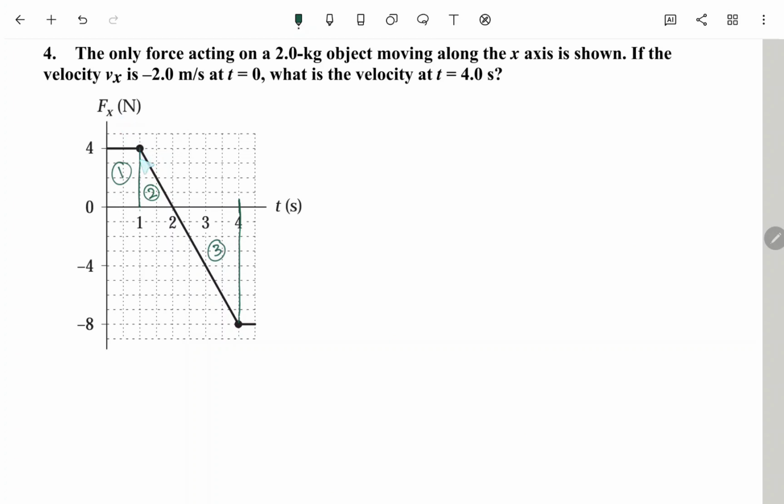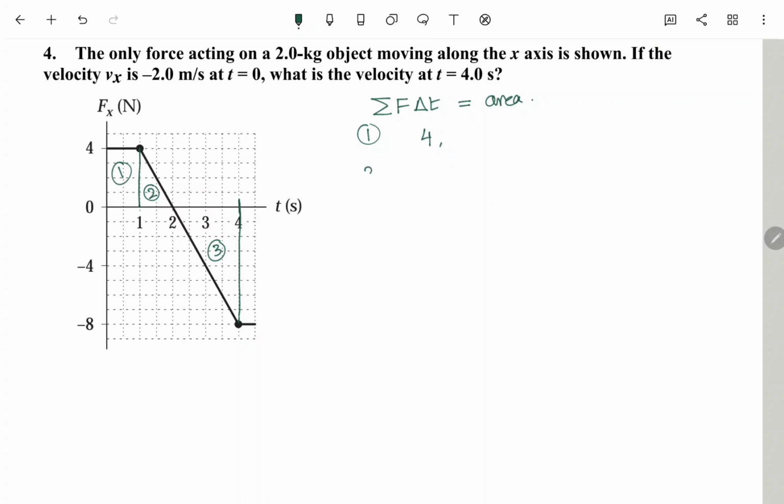Now the length is F, the net force, and the width is delta T. So F delta T is equal to the area beneath the curve. For this one here, it's a rectangle again, and it's equal to the width, which is in this case 1, and the length, which is in this case 4. So the area for the first one is 4.